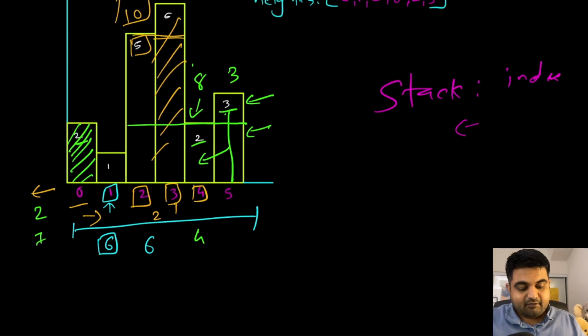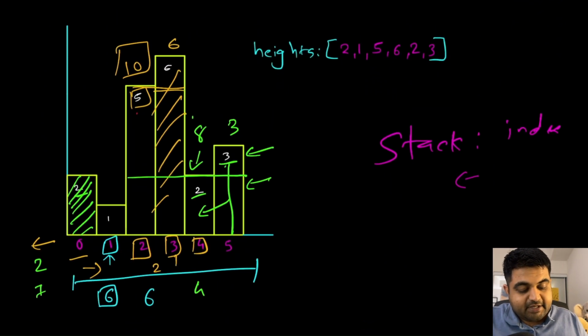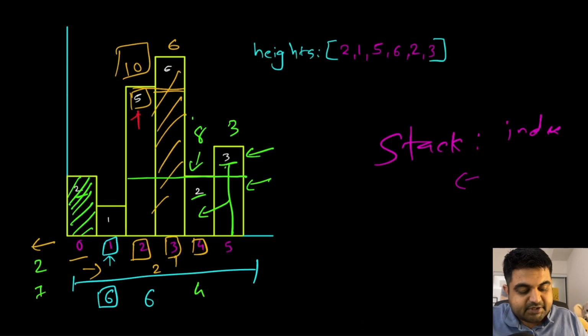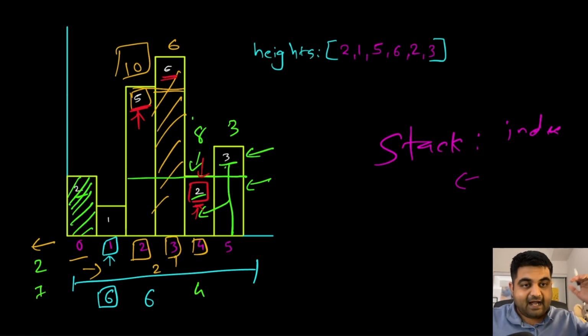Because think about it, every single position is only going to remain in existence until we find another bar with a lower height, which means the moment we find a bar with a lower height, we can go back to the elements already present inside the stack with the higher height and calculate the area. That's it. That is the whole logic.